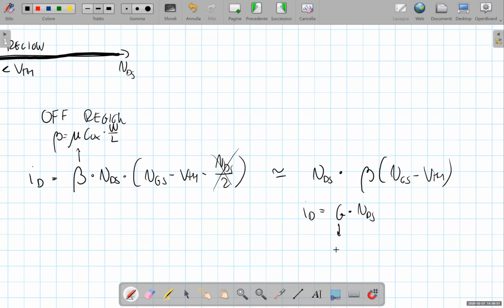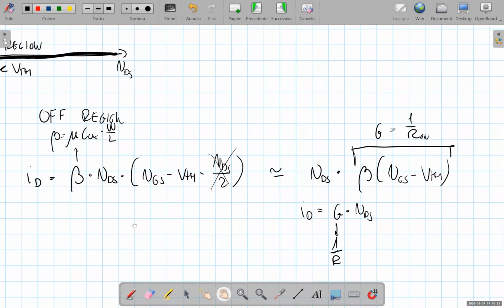Conductance is basically 1 over the resistance. So we can identify all these terms with the conductance or the reciprocal of the resistance. Since we will call this operating region the on region, we will call this the on resistance.